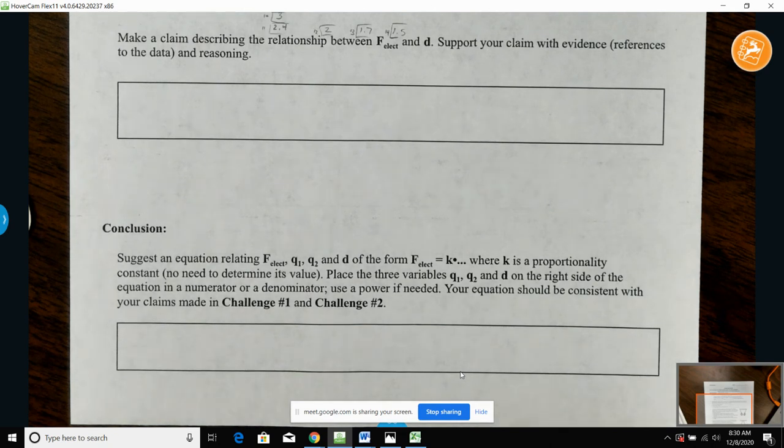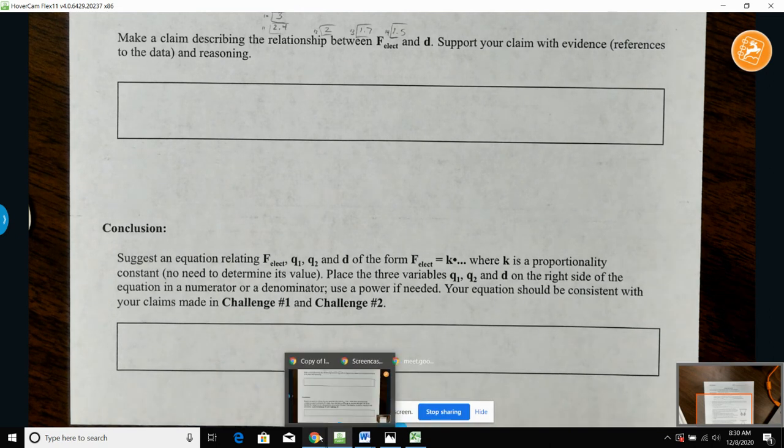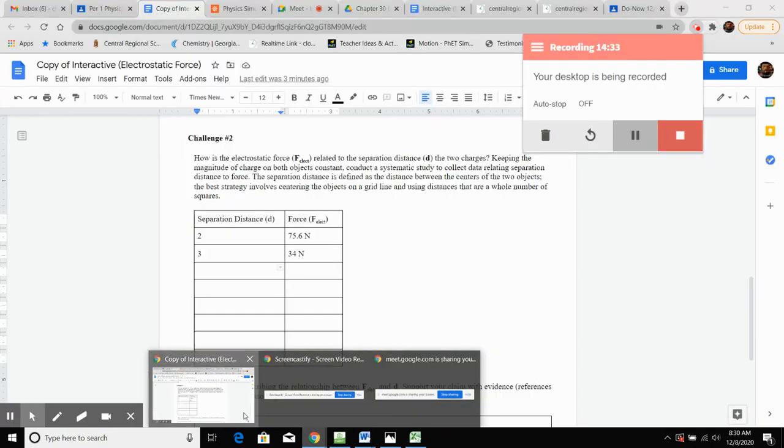We don't need to determine this value. It's always going to be given to us. But we need to figure out where the three variables would go, either in the numerator or denominator. So it should be consistent with your claims made in challenge 1 and 2. So I want you guys to try and figure out an equation.